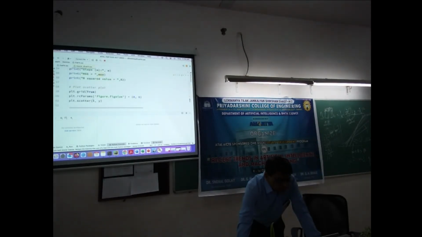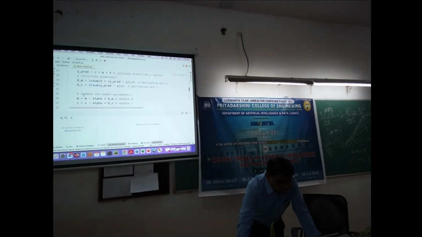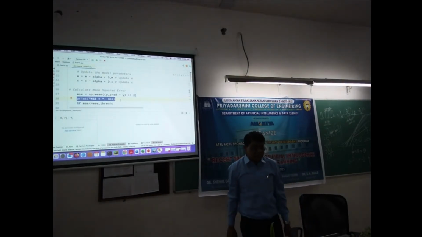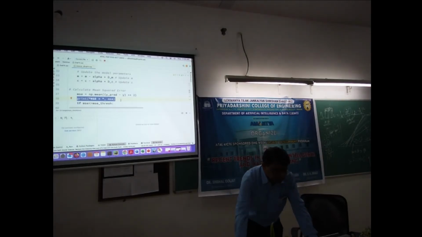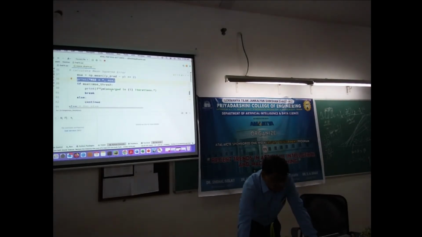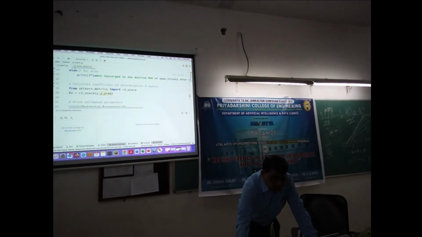Actually it is supposed to display. What I have done is that the mean squared error is printed in the for loop, for every iteration, showing how it decreases from maybe a very large value until at the end it will be less than 0.01. The graph we have already seen, and only these values I am printing. So where has that window gone?